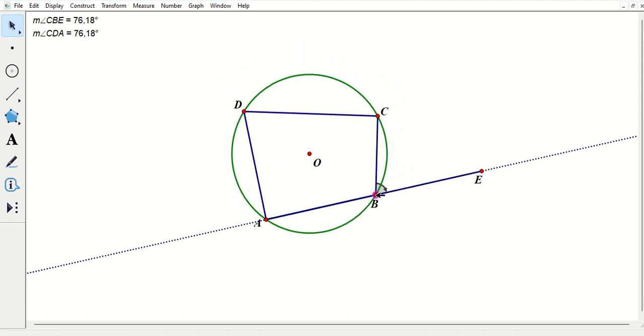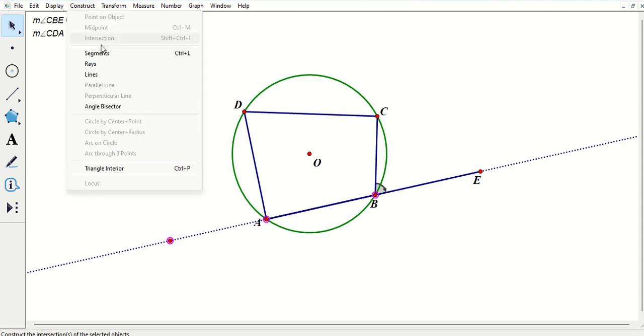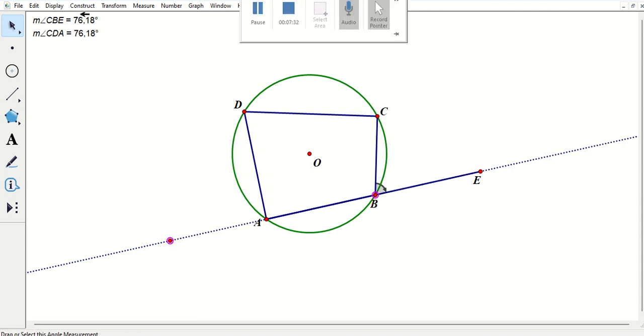So let's see if I can produce the line segment AB to another point. Let's do that. I'm going to create a point here, so I'm going to take AB and produce to this point here.